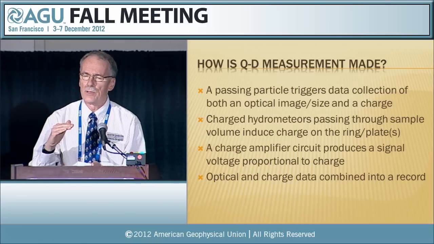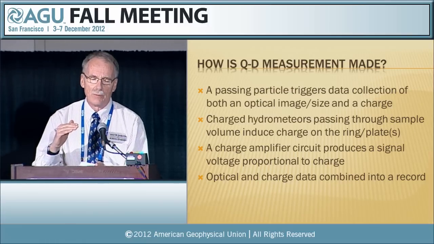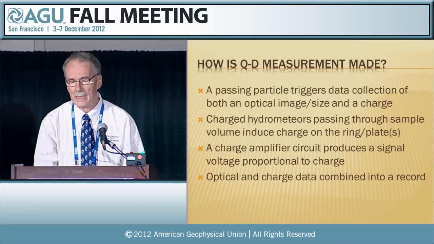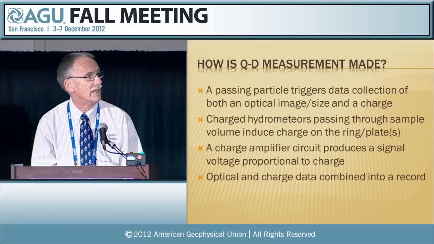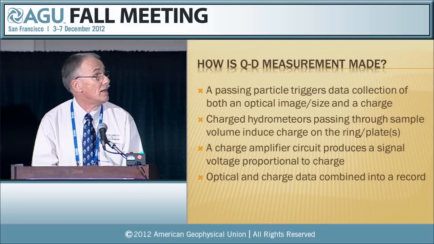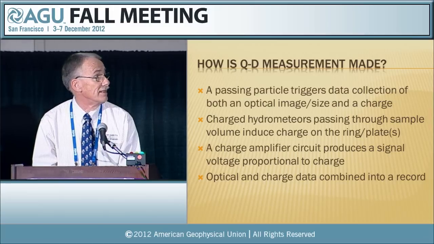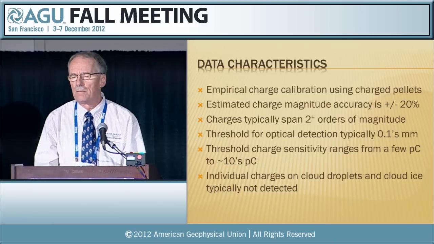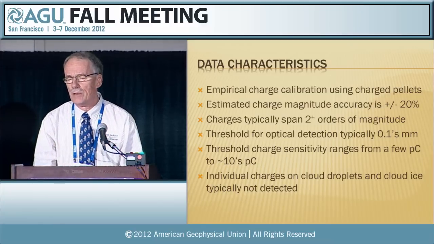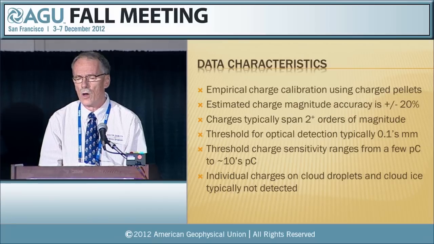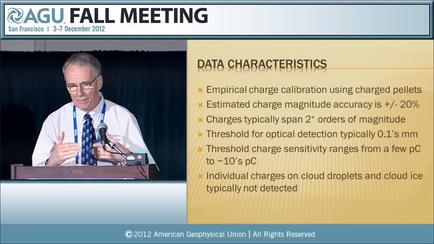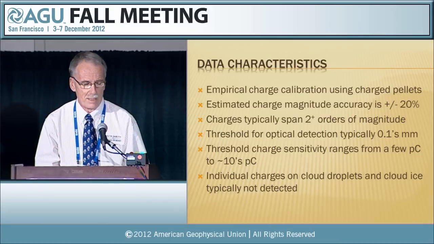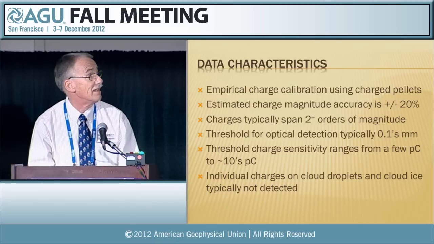About 70% of the charge sample volume is actually imaged optically, so you get a pretty good match between imaged particles and charged particles in theory, but the problem is that the sample volume is too large, so in the typical storms we flew in, there were always multiple particles between the plates, and only one of them was imaged, and so it became a problem to analyze the data.